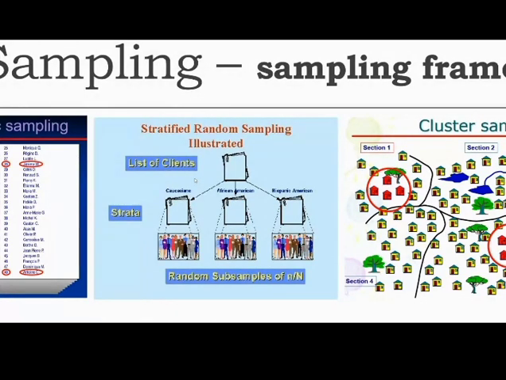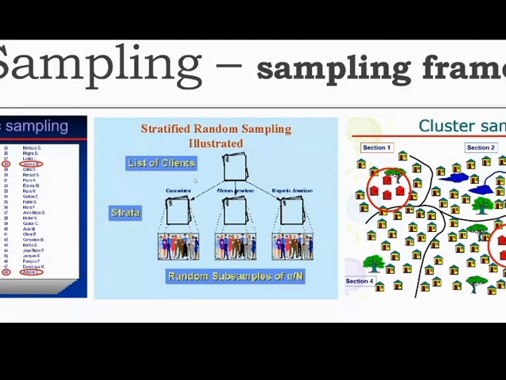So for stratified sampling to be used, there must be a very significant grouping present in the population.